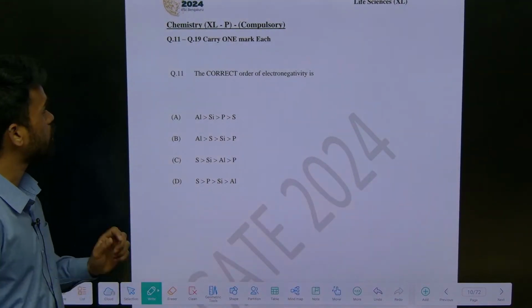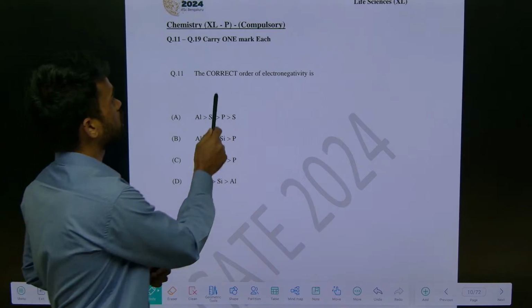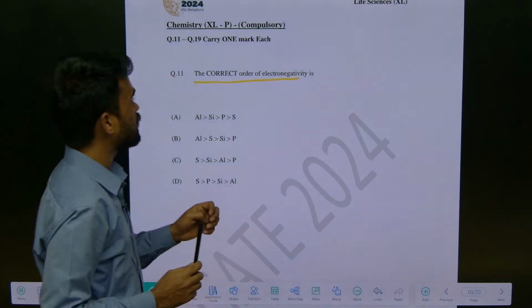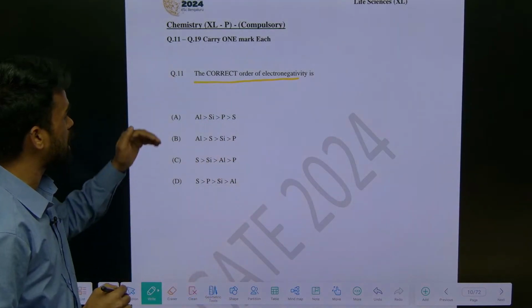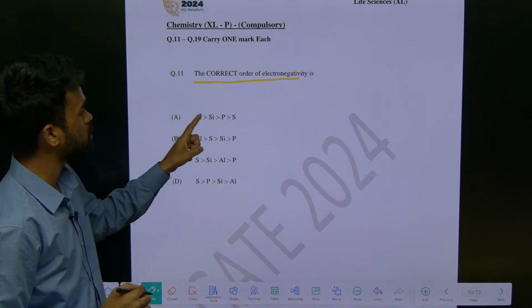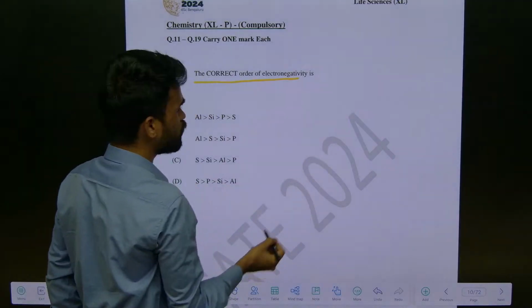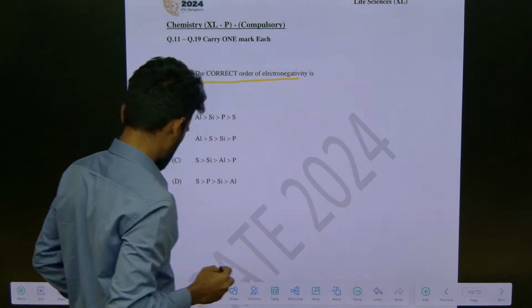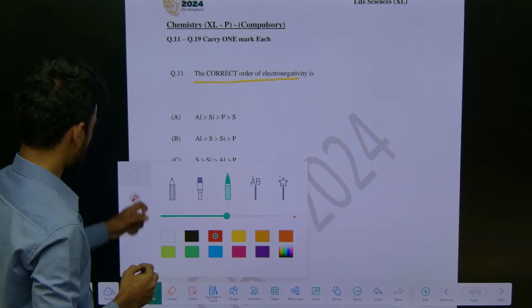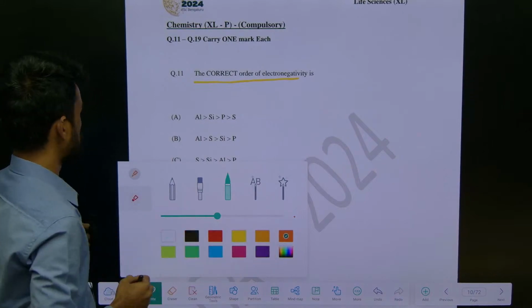Now here you can see this is a very easy question: the correct order of electronegativity for the given elements. What are the elements they have mentioned: aluminium, silicon, phosphorus and sulfur. Let me change the colors of the pen.